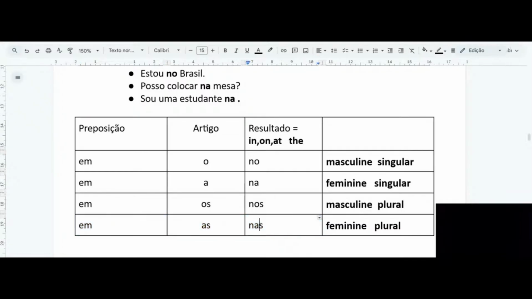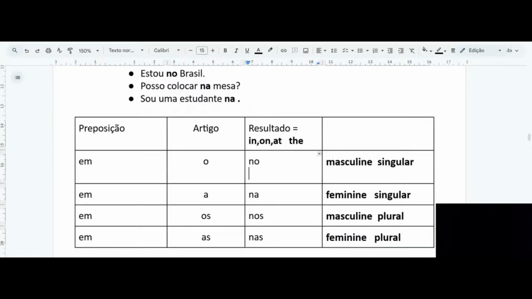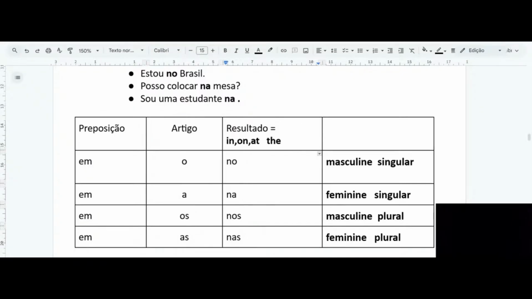Okay. So let me write some examples in the chat. Maybe you want to tell your friends you are in Brazil, maybe you're in Nigeria. Estou no Brasil. Estou no Brasil. Okay.